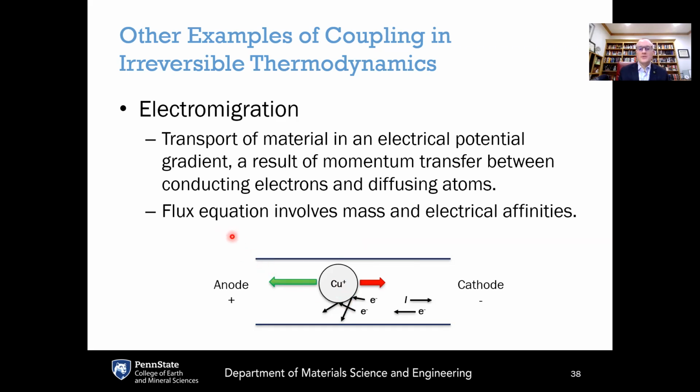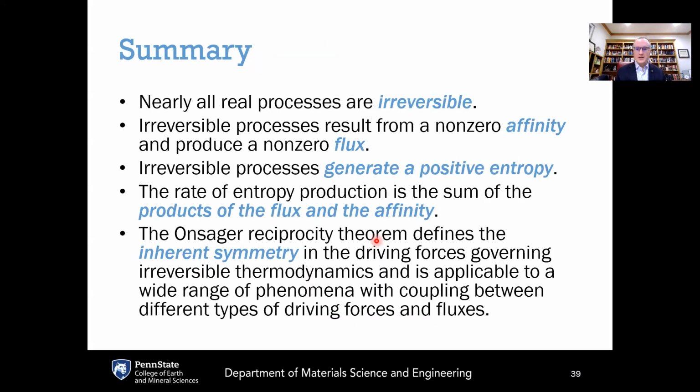And as a result, the flux equations involve both mass affinities as well as electrical affinities to capture that coupling effect. And there are plenty more examples in the book if you want to check it out, including example problems at the end of chapter 2.